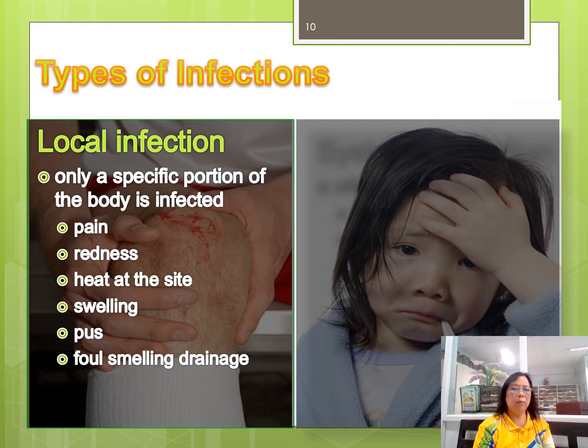So parang may ibang amoy na. So parang yung una is there should be pain, it should be felt, the color should be there, it is redness or in some cases violet or black already, and then the heat of the side.